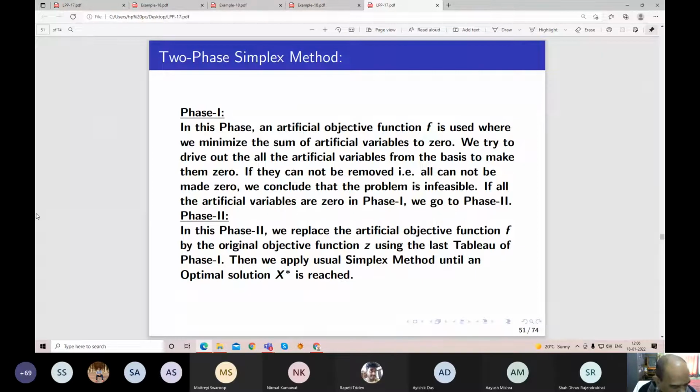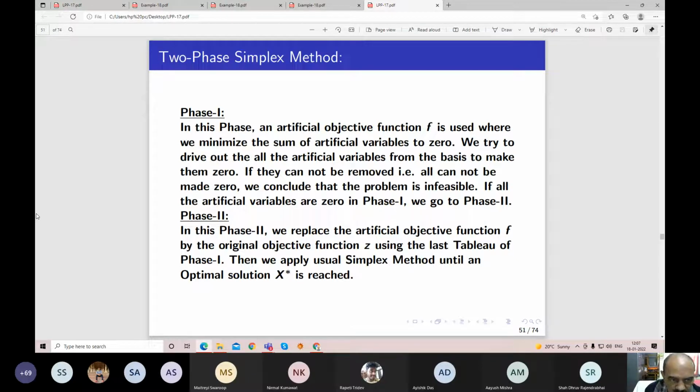So even sometimes when the problem is feasible, if you are using a large or small M, it will detect that the problem is infeasible. Sometimes the problem has a solution, sometimes no solution, something like that. So we would like to avoid this parameter M. This parameter M can be avoided using the two-phase simplex method.